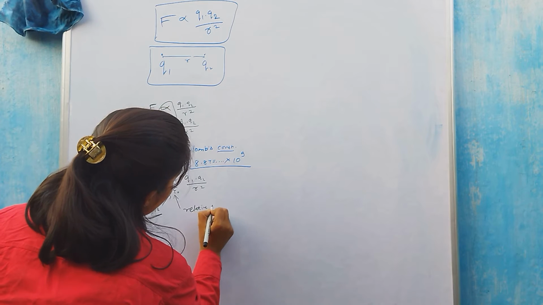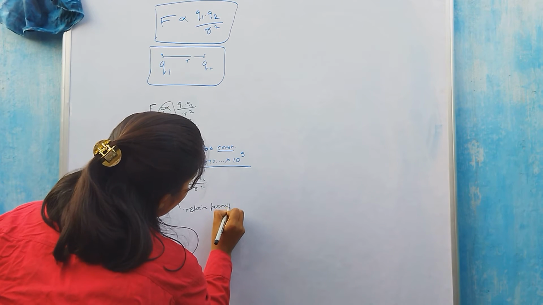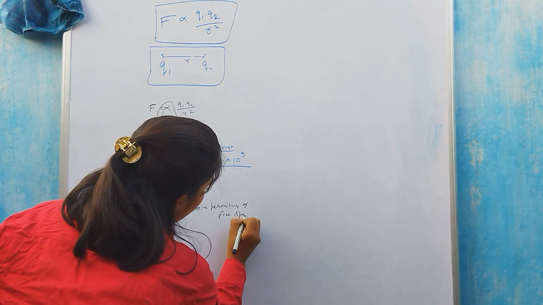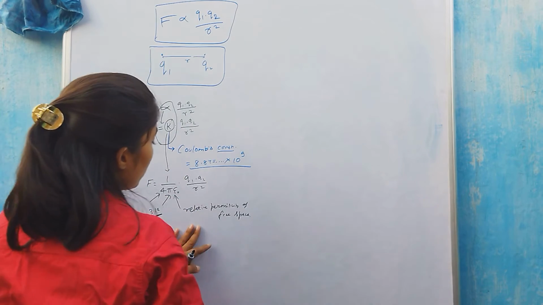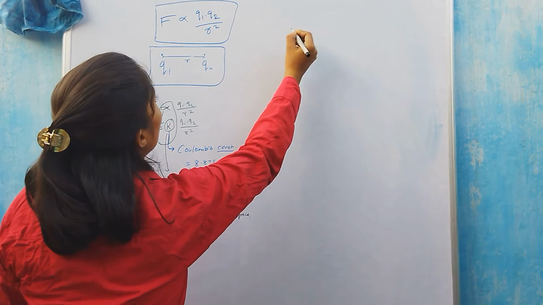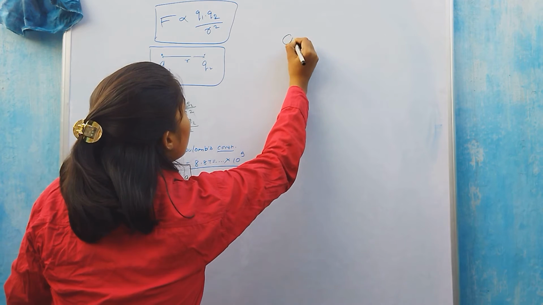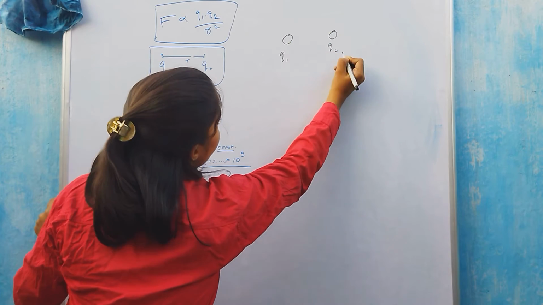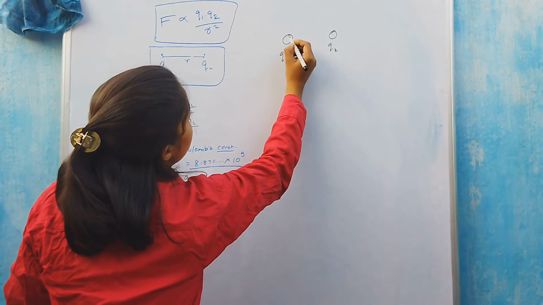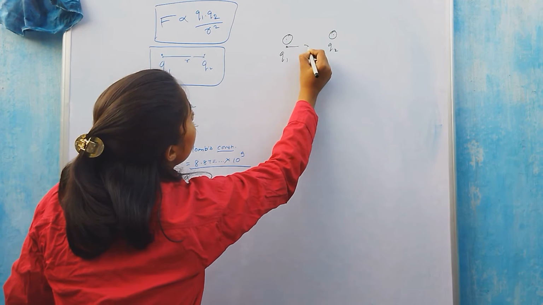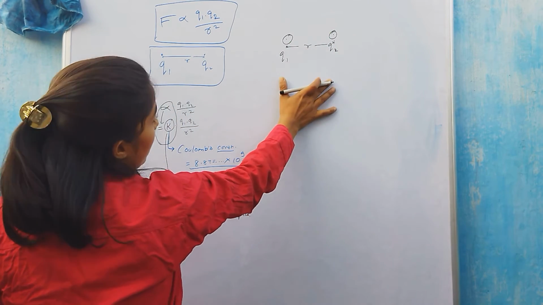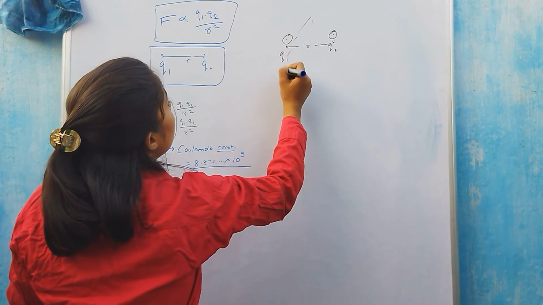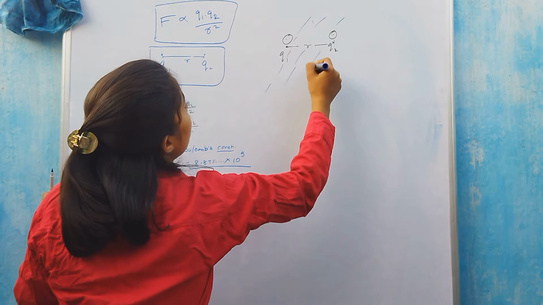And this epsilon naught is the relative permittivity of free space. And what is the meaning of free space? It means only either air or vacuum. Suppose these two charges are placed in free space displaced by distance r, and this is our free space.